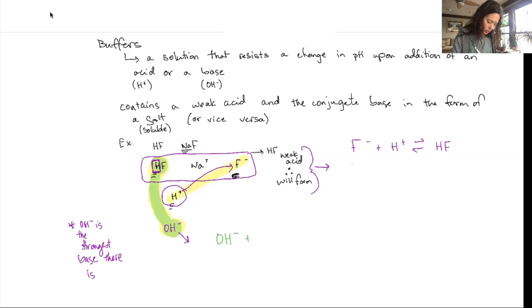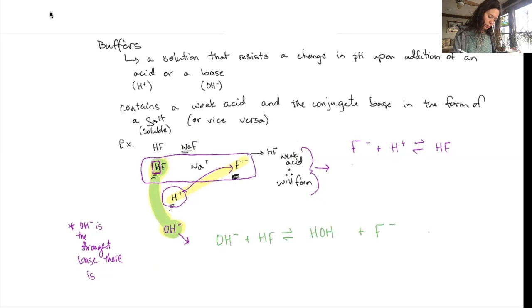It will react with our weak acid and produce an equilibrium situation that will give us HOH or H2O and the fluoride ion. So this is a KB. That's also a KB, isn't it? That's weird. I don't want to talk about that right now. Okay. Actually, it's Ka.